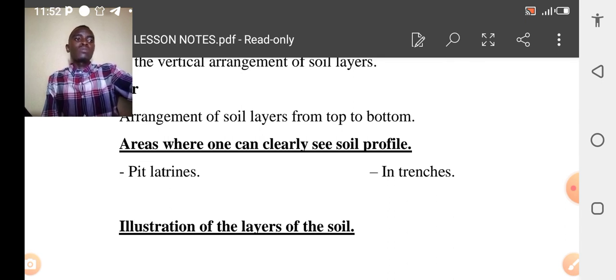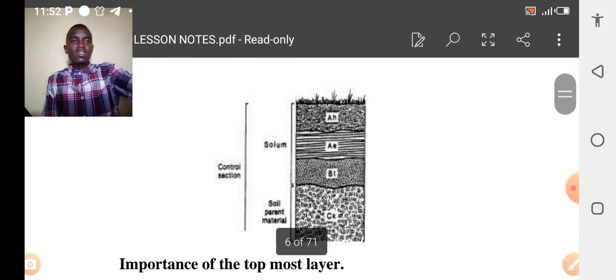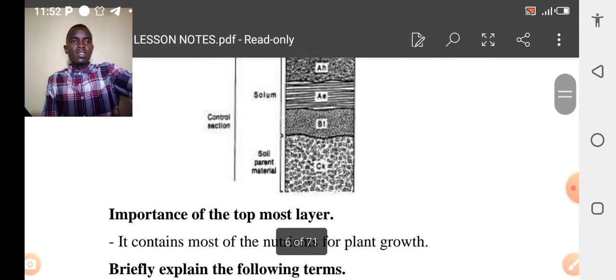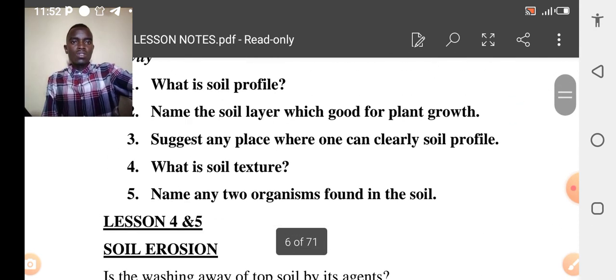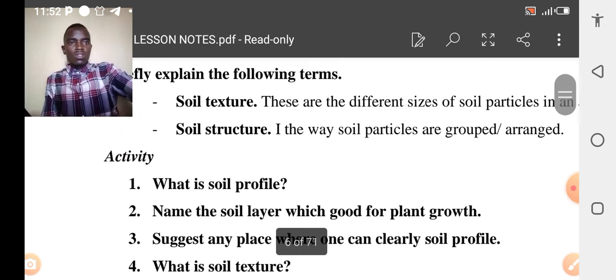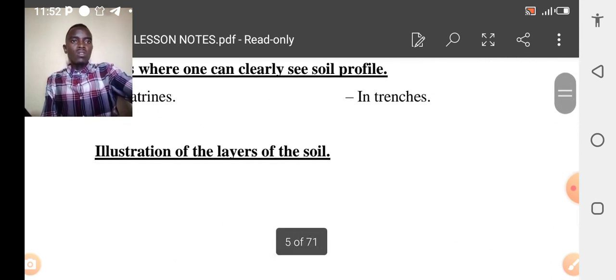When you are digging latrines, you can see how the soil is arranged.